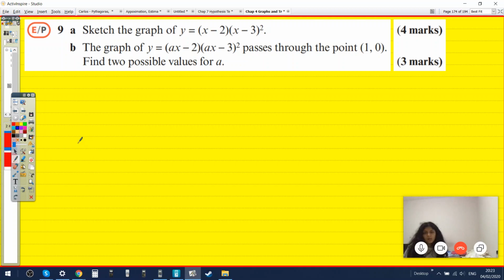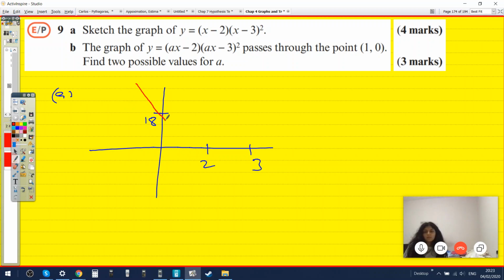I'll sketch A. Something like that. A is equal to 3.